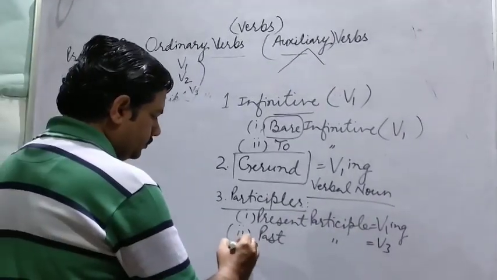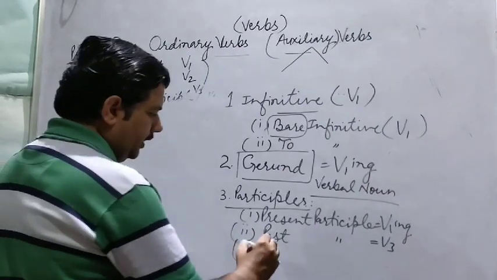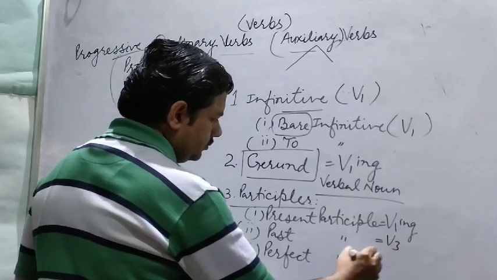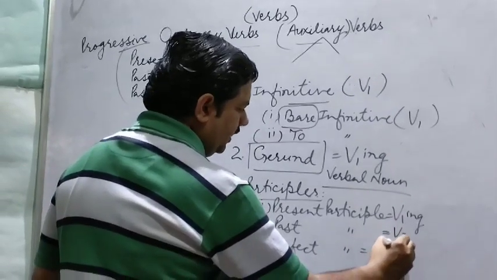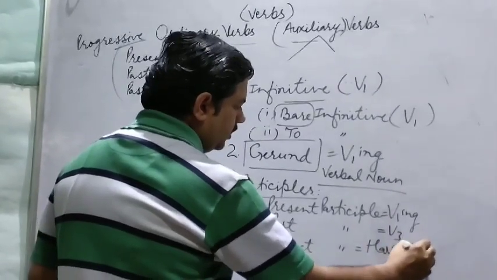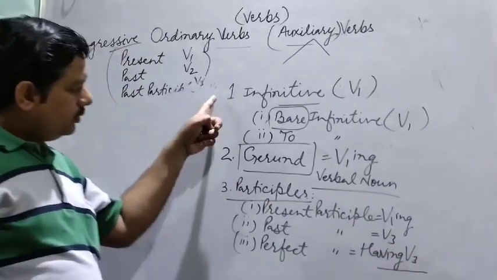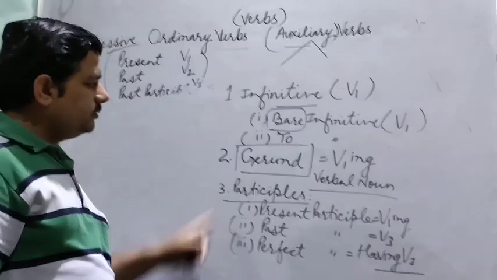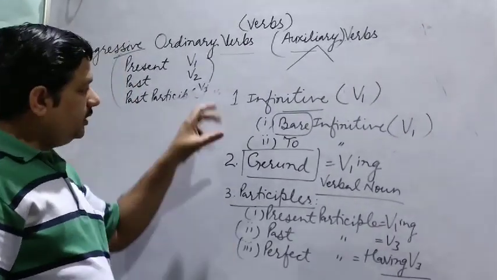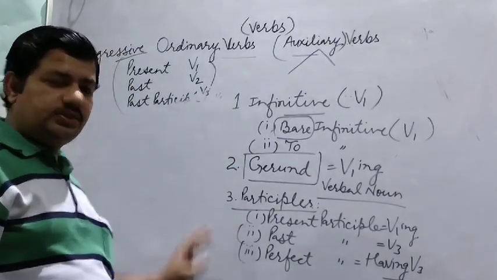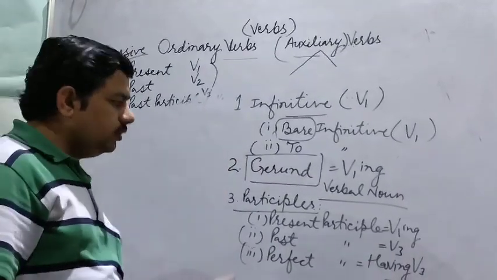The third one is perfect participle. Perfect participle is denoted with having plus third form. These are the things I'll tell you later: which are the rules and in which situations we use all these things.